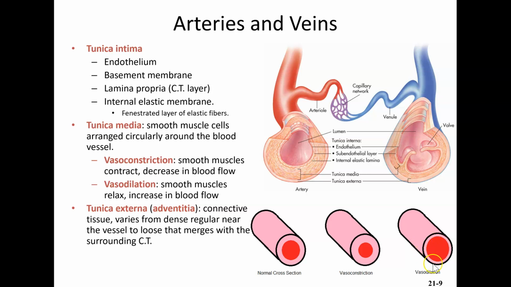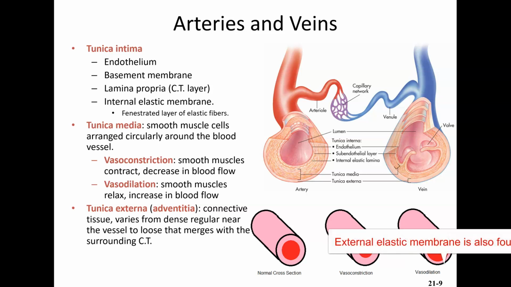And we can also vasodilate, which would increase the diameter of the blood vessel, allowing the smooth muscles to relax while we vasodilate. And also we are going to increase the blood flow when we do this.